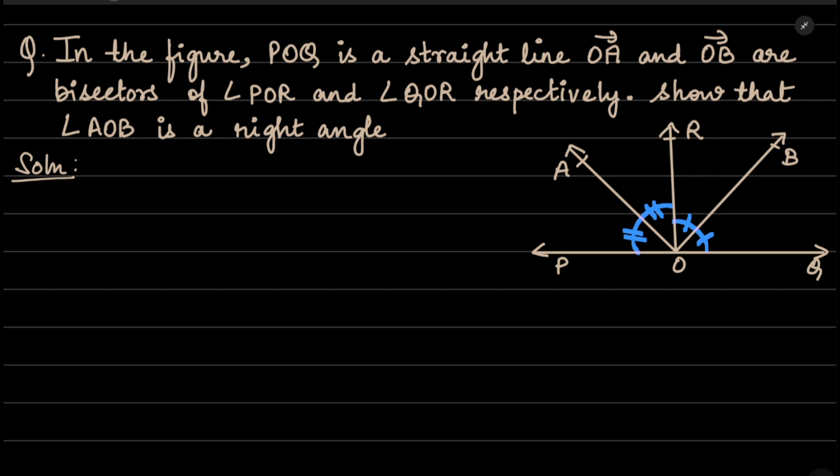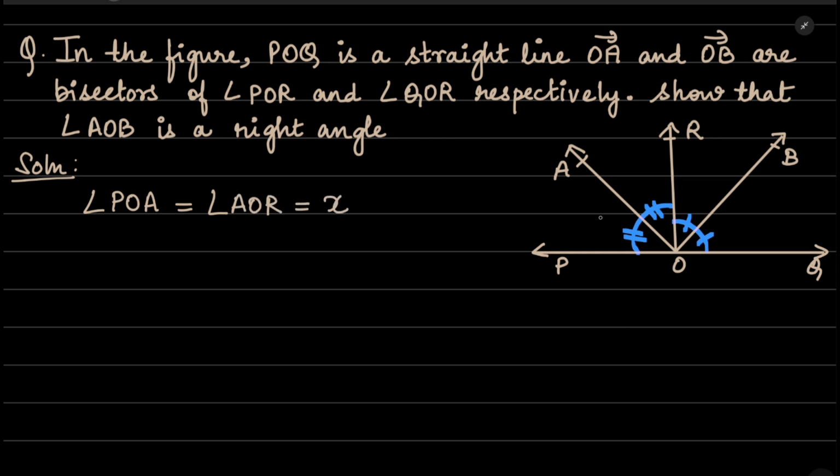Since we are already given that OA and OB are the bisectors of POR and QOR respectively, you can write angle POA equal to angle AOR.